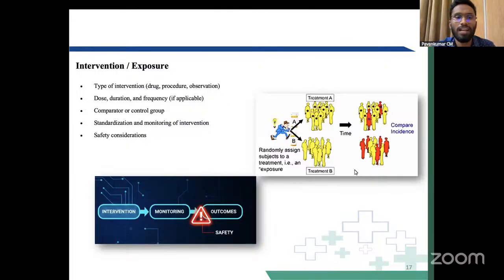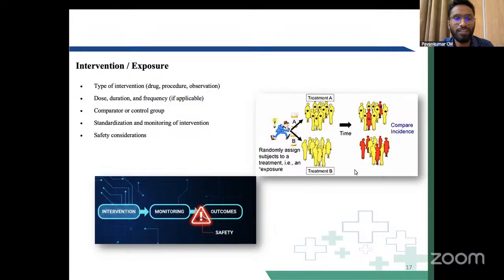Standardization and monitoring of the intervention is very important, because once you are giving the placebo or an IMP drug, it's not okay to say we gave it and it's fine if we don't follow up, because it's our responsibility to stand on our ethics, that is safety and efficacy.